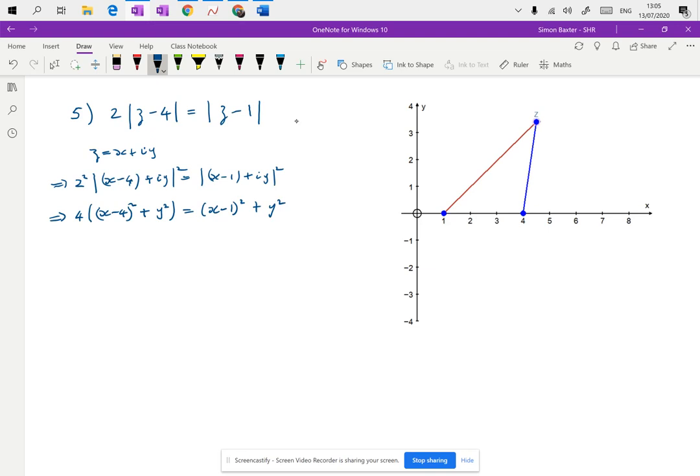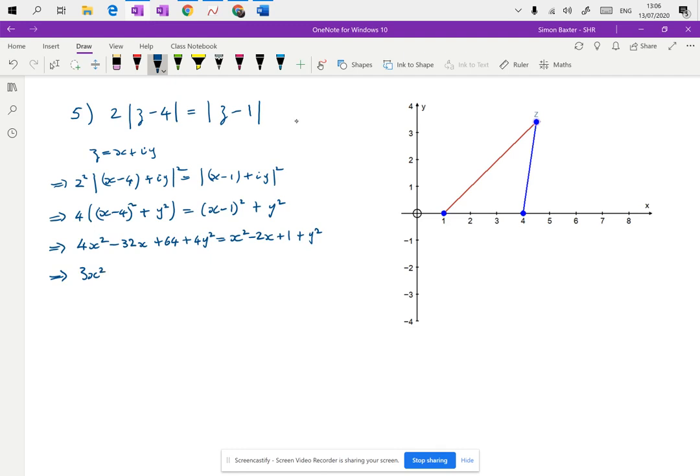Okay, let's work those out. We get 4 times x² minus 4 times 8x plus 4 times 16 plus 4 times y². And that is x² minus 2x plus 1 plus y². Subtracting x² from both sides, 3x².